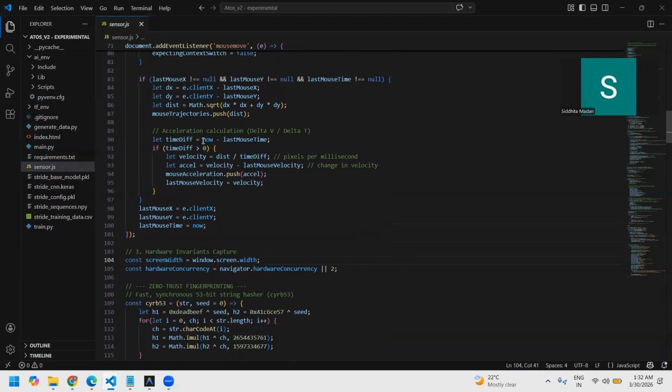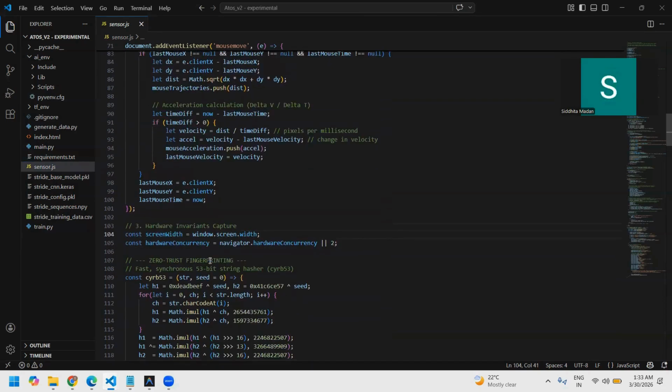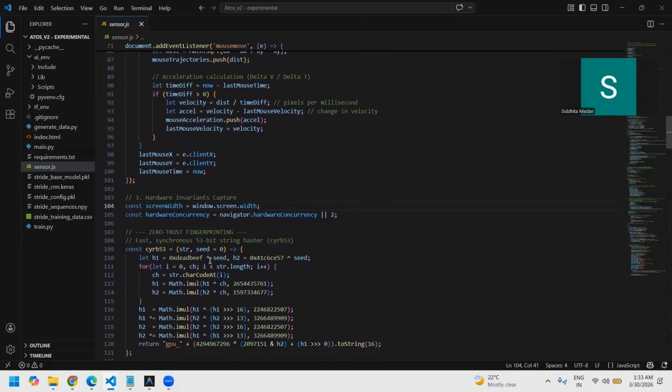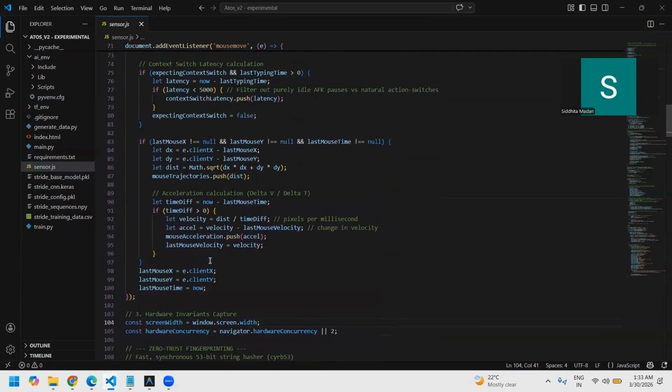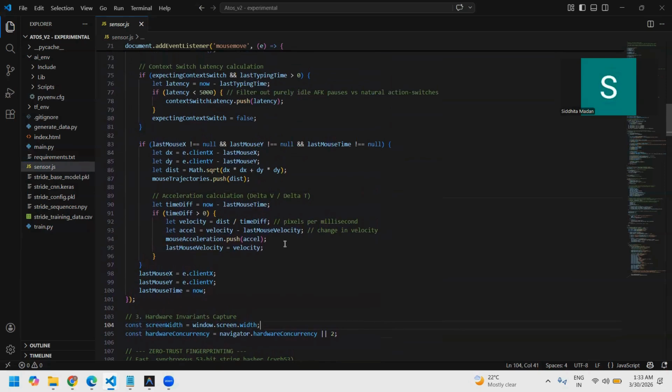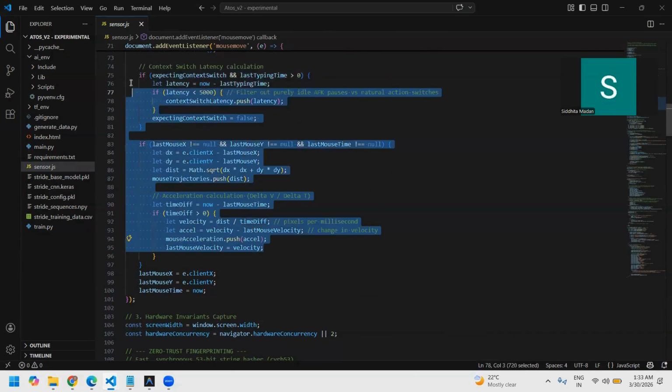That is the exact reason we are performing feature engineering, and naturally it will increase our accuracy also. So this is the part where we are calculating Euclidean distance and acceleration.